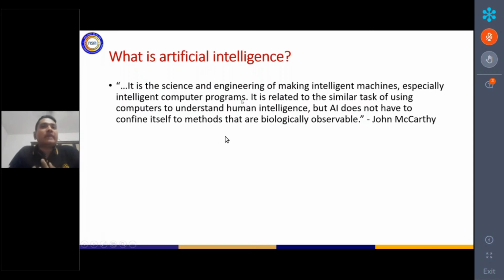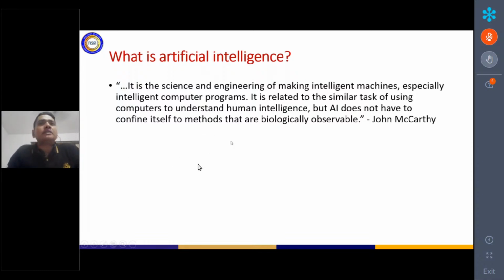So the programs that are intelligent are no longer rule-based or conventional programming methods, right? And it is related to the similar task of using computers to understand human intelligence. The main purpose is emulating human intelligence in machines through these intelligent computer programs. But AI does not have to confine itself to methods that are biologically observable, of course. This is the generic acceptable definition of artificial intelligence.